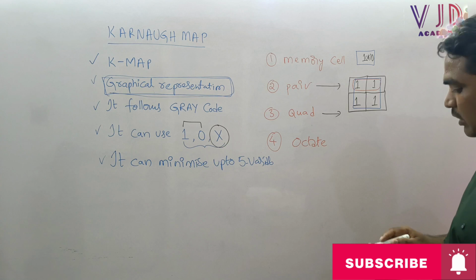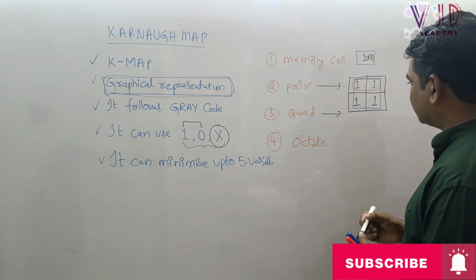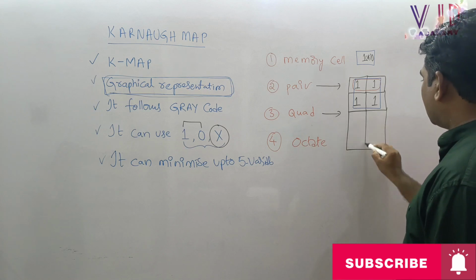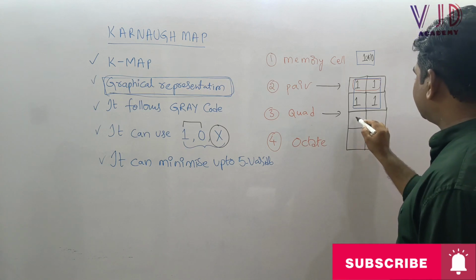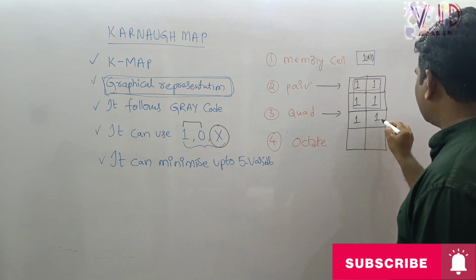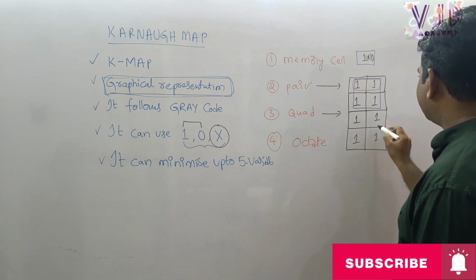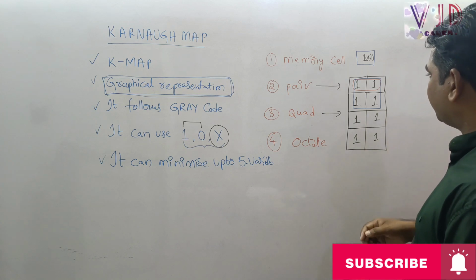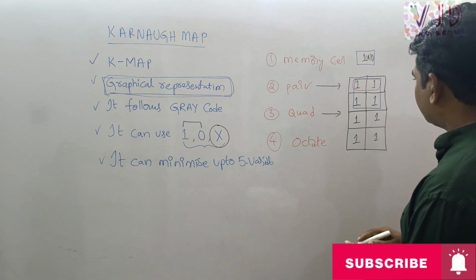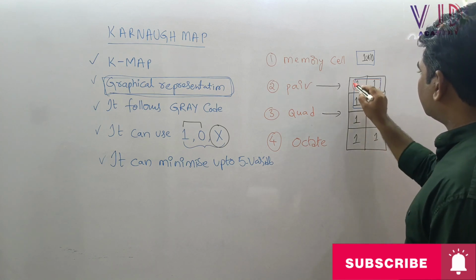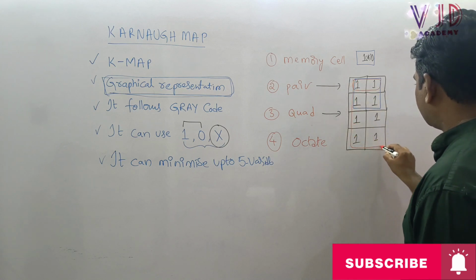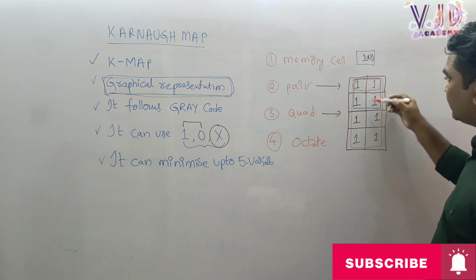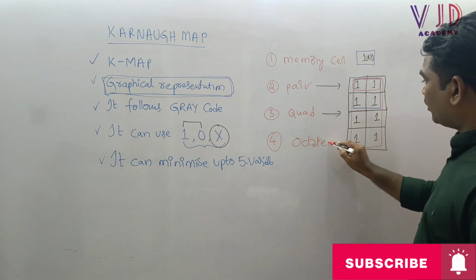And then coming to octet, suppose I can add four more memory cells here, and I want to fill these four more memory cells with one, and then the combination of these 8 ones, all memory cells filled with ones, so that suppose I can make a connection, the 8 ones combination is called octet.